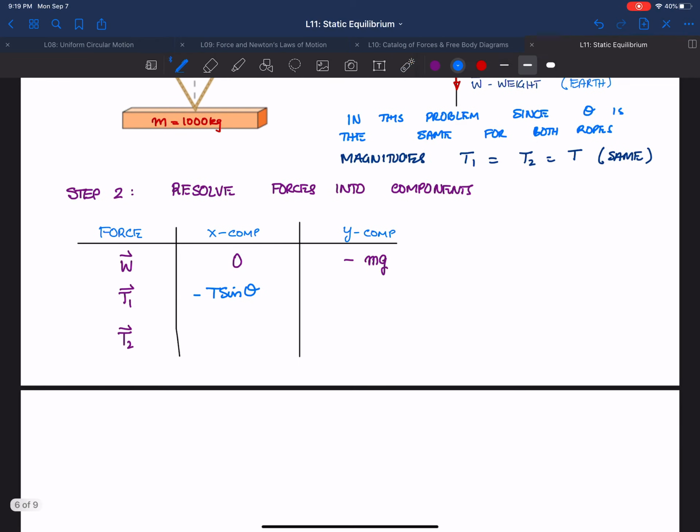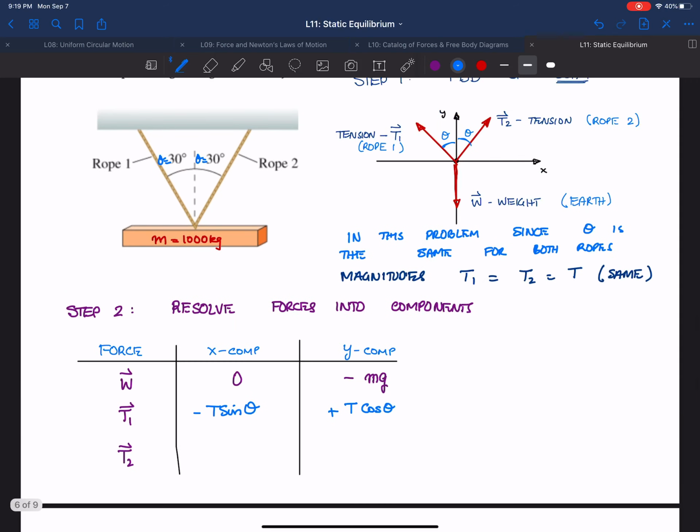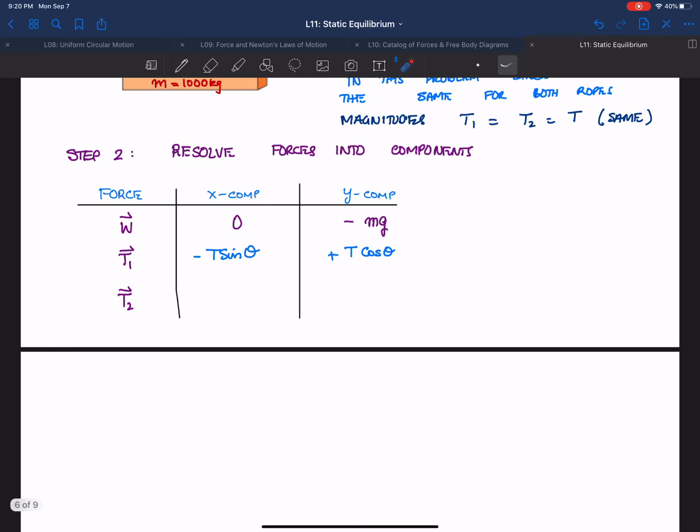Like I said, the tensions are the same on both ropes. Similarly, for rope 2, the x component is going to be plus T sine theta, and the y component is going to be plus T cosine theta.